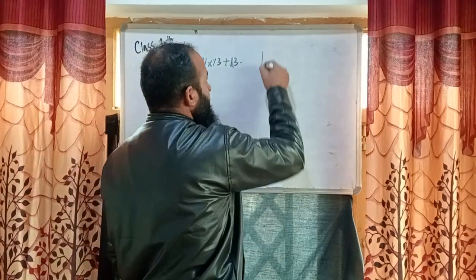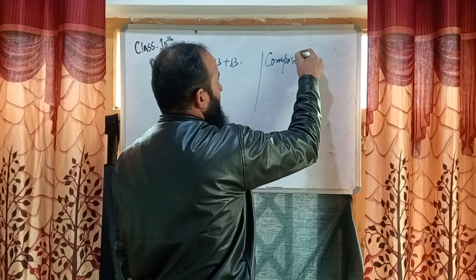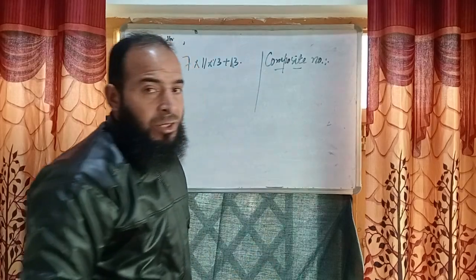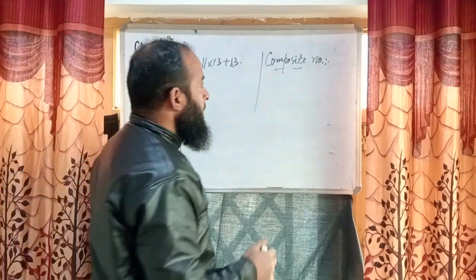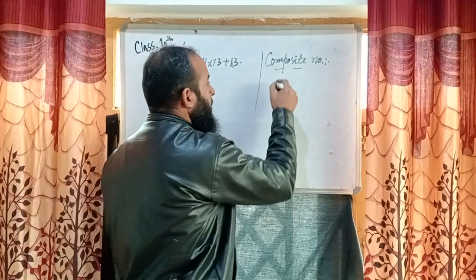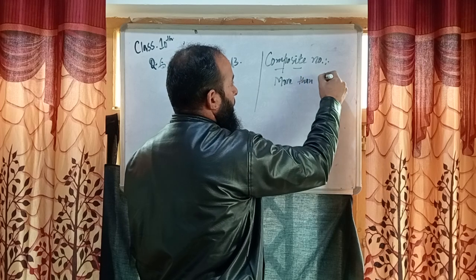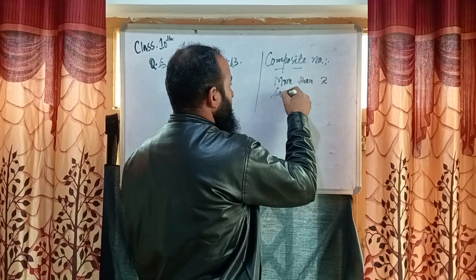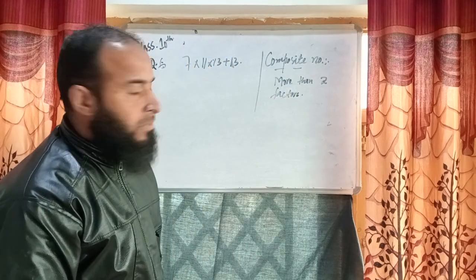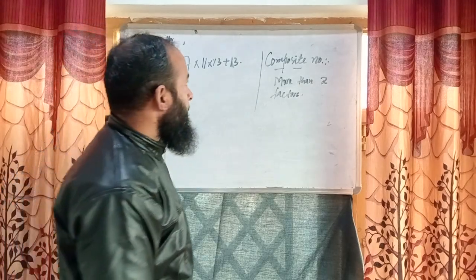If you look at the definition of a composite number, any number with more than 2 factors is known as a composite number.